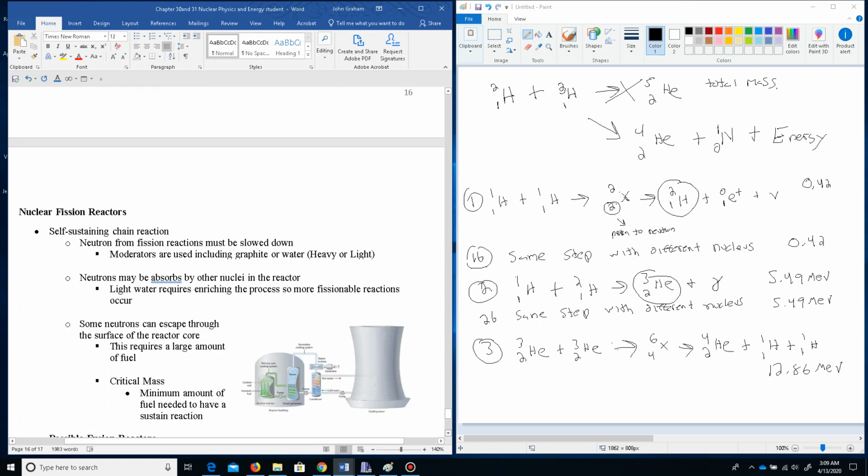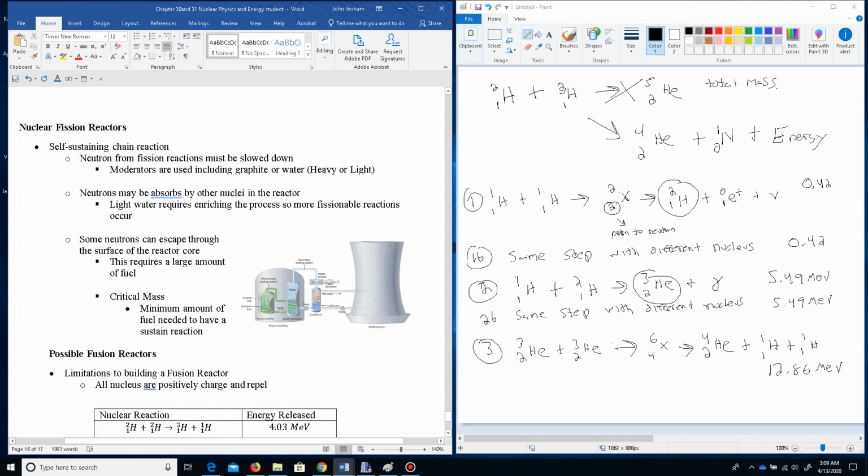So for nuclear fission reactors, they're self-sustaining because of the chain reaction, and the neutrons from the fission reactions must actually be slowed down in order to really keep them self-sustaining. So they use things like graphite and water to help slow them down so it doesn't get out of hand.